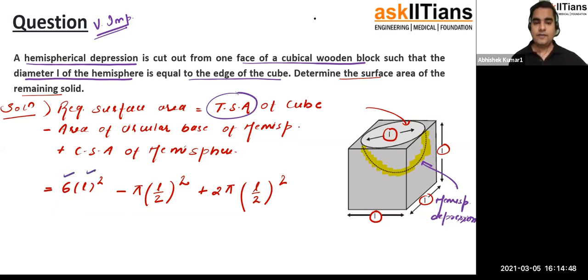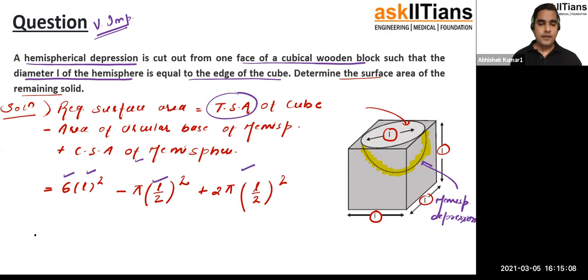So side is L unit. The area of circular base of hemisphere is pi r square, because that is circular in nature, right? And the curved surface area of hemisphere, that is given by 2 pi r square, where r is the radius of the circular base, which is equal to L by 2 here. So you are going to get 2 pi L by 2 square.